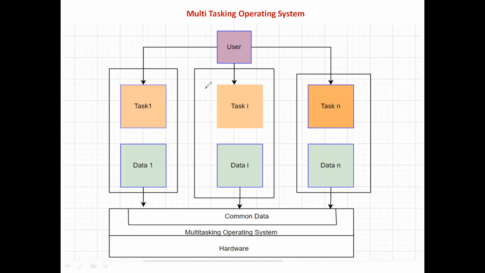In general, the main functions of a multitasking operating system are four: task management, memory management, resource control, and inter-task communication.